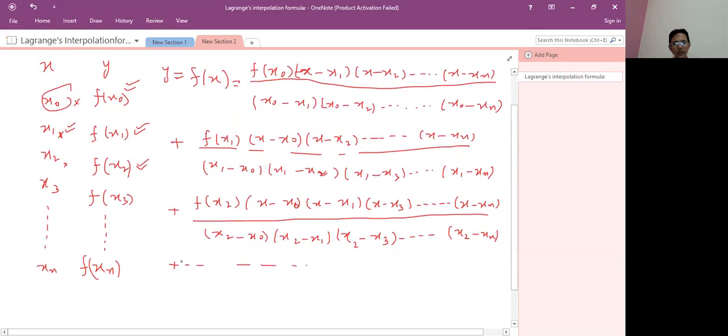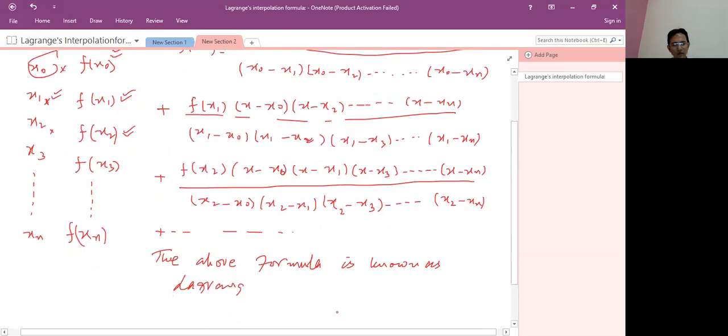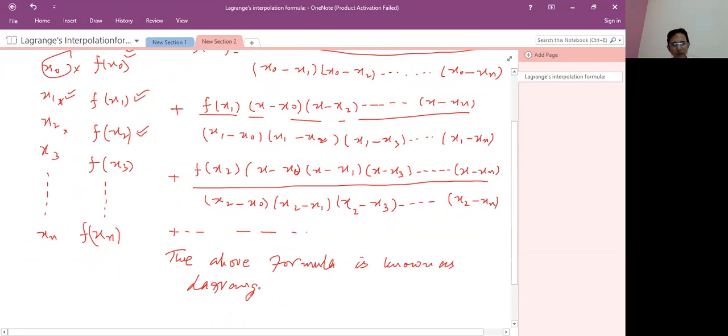So the above formula is known as Lagrange's interpolation formula for unequally spaced interpolation formula.